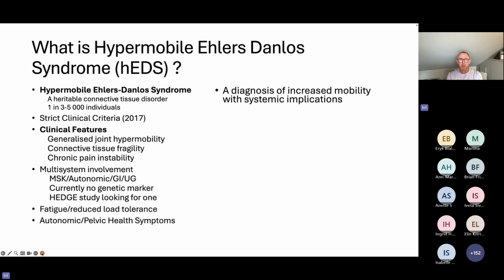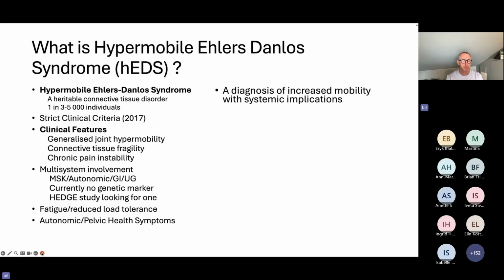Now, as I'm speaking today, and in the next couple of months, there's going to be some new clinical criteria published, maybe around September time, as part of a global consortium to try to update the definitions of what HEDS and HSD is. The clinical features of HEDS are generalized joint hypermobility, connective tissue fragility, chronic pain, and instability.